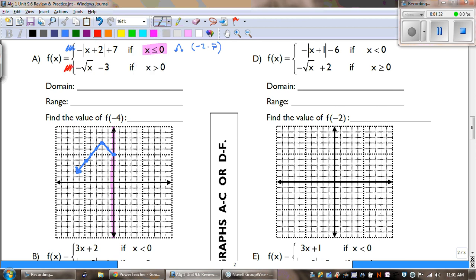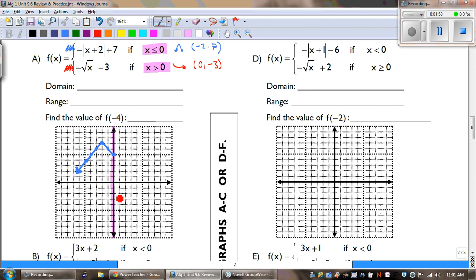My next graph's going to be in red. That's a square root graph and it's being reflected, so I know that it's going to go down and to the right. My initial point for this would be at 0, -3, and my limit's the same, it's at 0, so I get to keep that line.